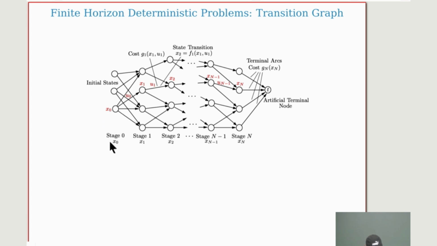So at stage 0, it's denoted by x0. These initial states could also start from many possibilities, right? Let us say we start from x naught here, and then we have multiple possibilities to go to x1 from x naught. These are the possible controls, let's say u0, u1, u2, and u3. Different controls will lead you to different states.